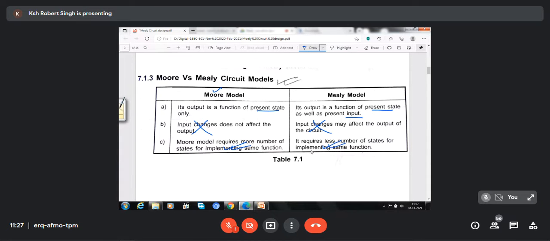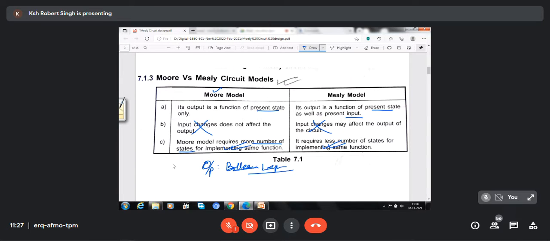So implementing the function means we are going to implement a function. The circuits we are drawing, whatever we have done till today, we are trying to find the output in terms of Boolean expressions. So Moore requires more number of states.